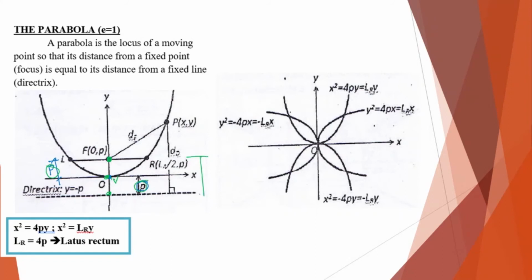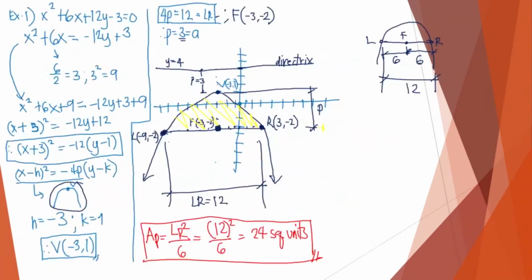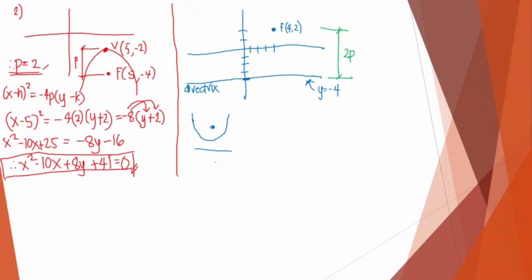So the distance between the focus and directrix is equal to 2p. So we can directly count it from the focus to directrix to get the value of 2p.